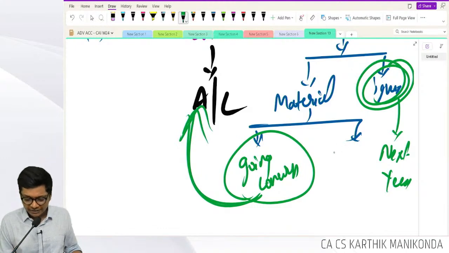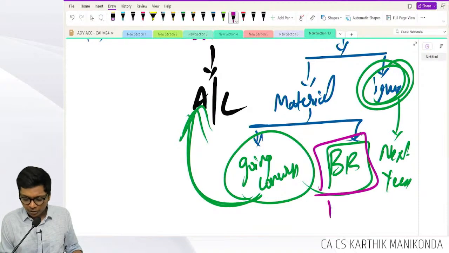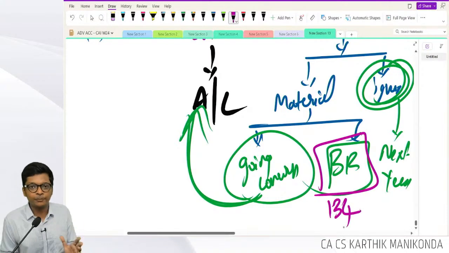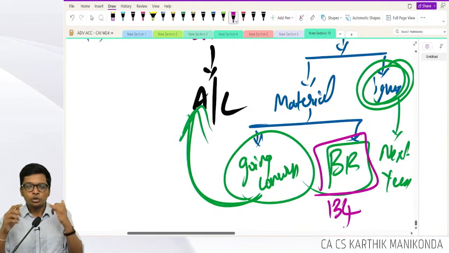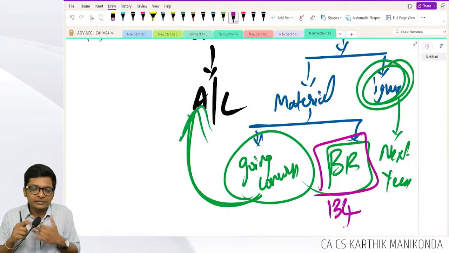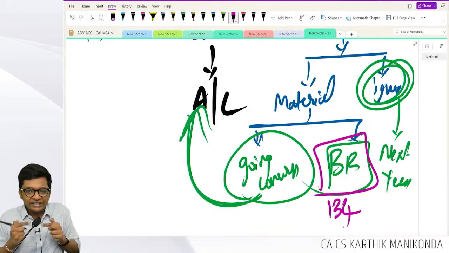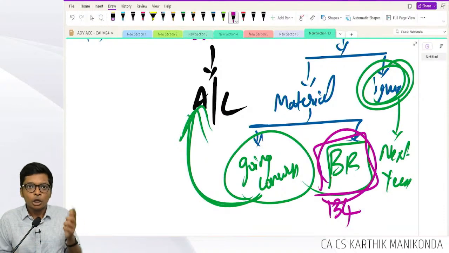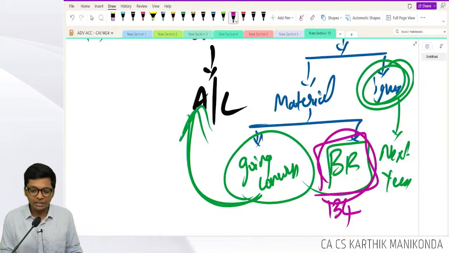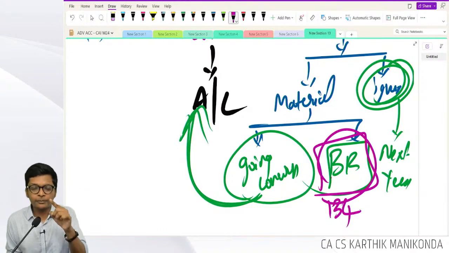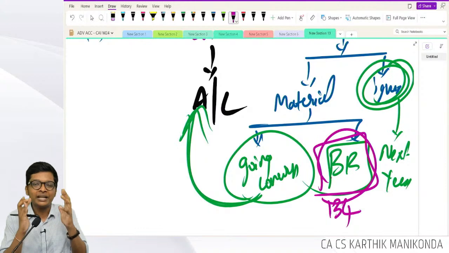It is a non-adjusting event, but I will disclose it in the board's report, basically the board's report under Section 134 of the Companies Act, the director's report. In that, I will disclose. So, non-adjusting material affecting going concern becomes an adjusting event. Non-adjusting material not affecting going concern remains a non-adjusting event, but disclosure is in the board's report for the purpose of a true and fair view.